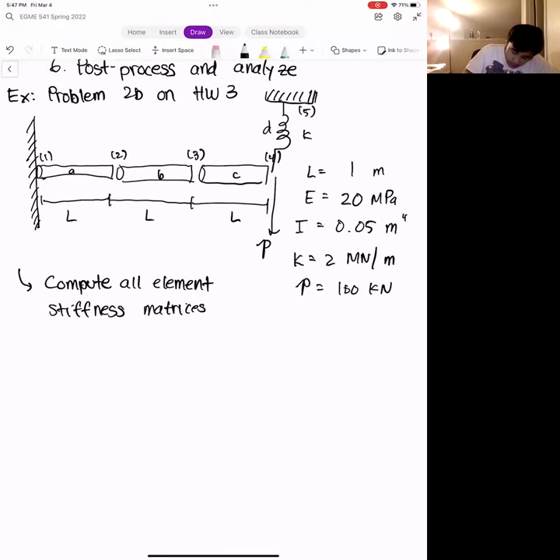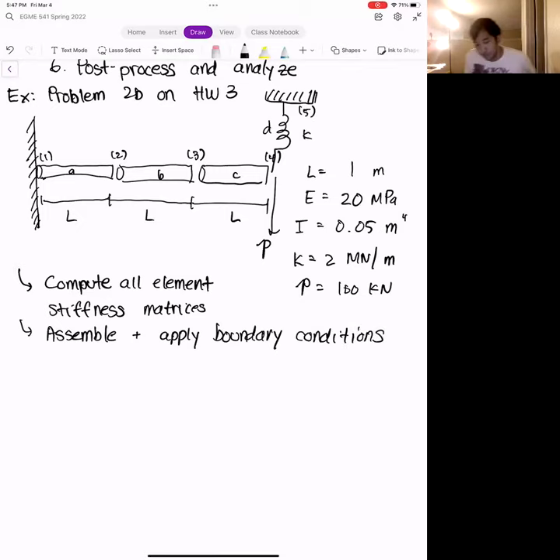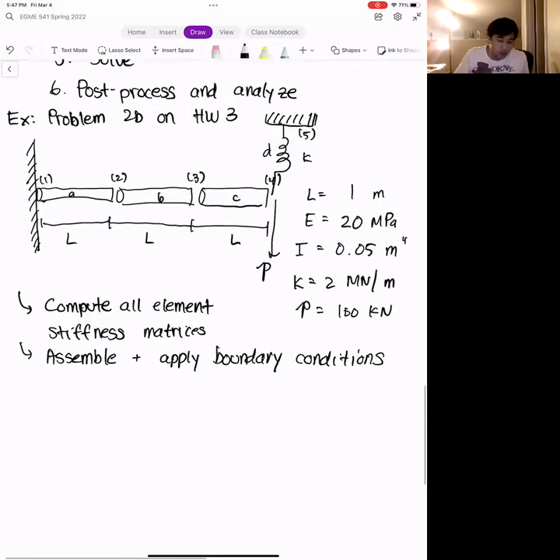Then we're going to assemble and apply boundary conditions. All right, so here's our problem, and the parameters here I've chosen just so that it'll make it easy.